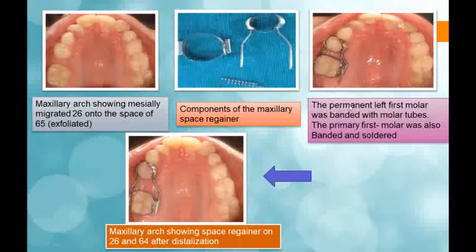The permanent first molar was banded with the molar tube, and the primary first molar was also banded and shouldered, and the open coil is then inserted into the buccal tube. After follow-up, the maxillary arch shows the space regainer on 26 and 64 after the distalization.